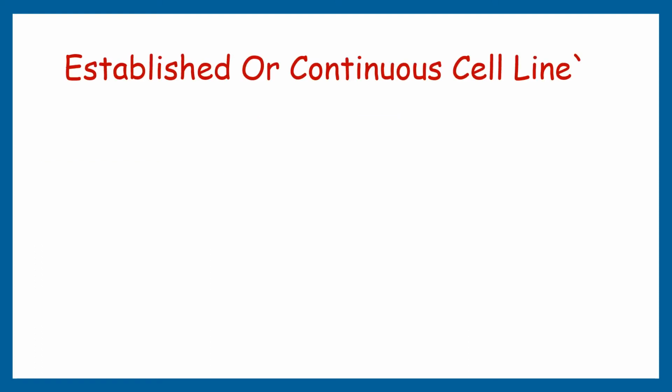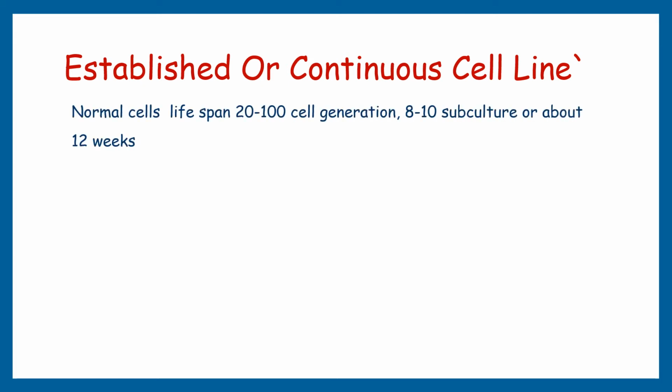Coming to the established or continuous cell line, mostly normal cells survive in culture for a limited period of time, ranging from 20 to 100 cell generations. Usually, normal cell lines will grow for about 8 to 10 subcultures or about 12 weeks, after which they go through a crisis and cease to proliferate.